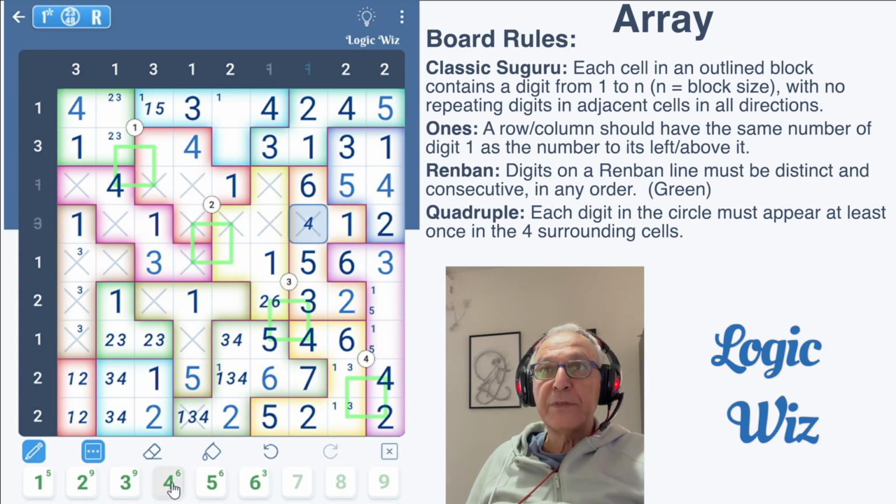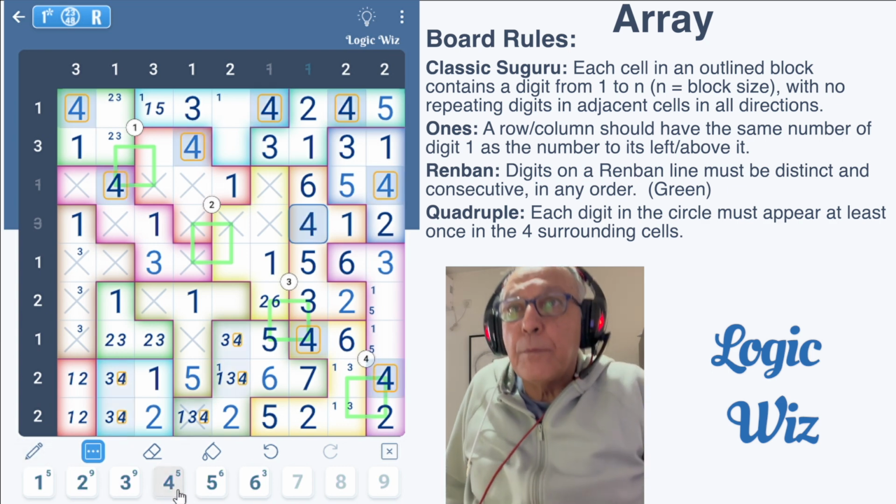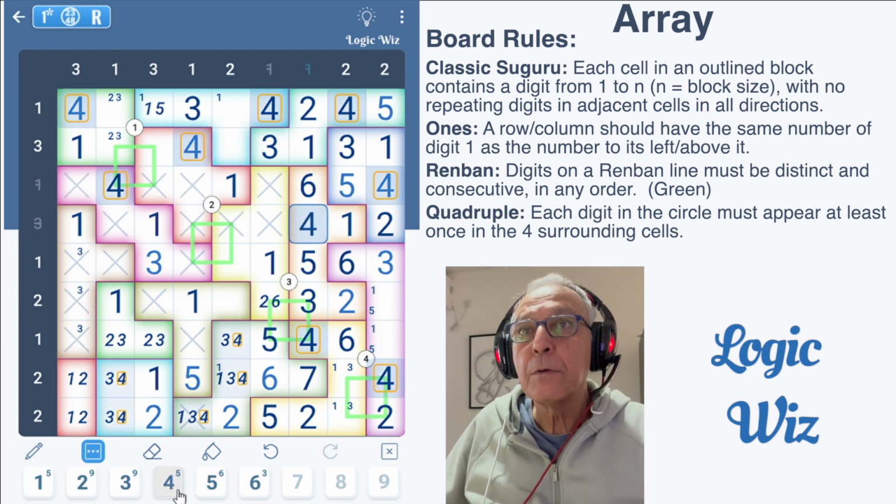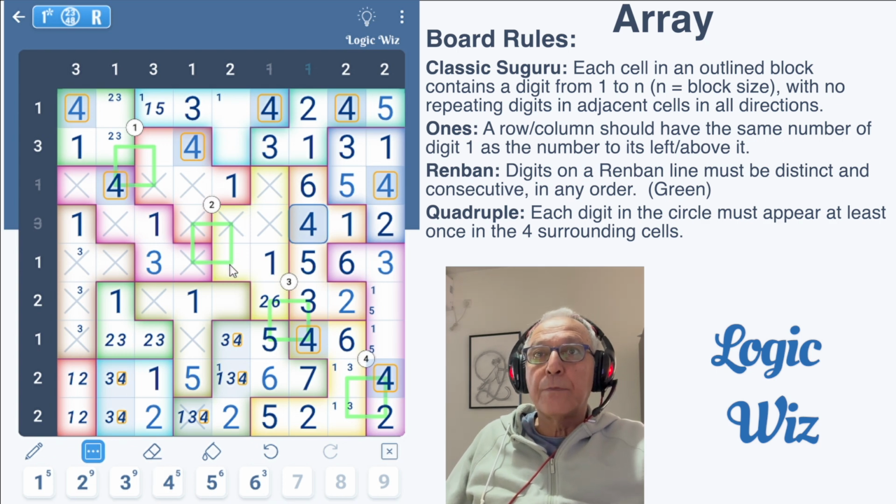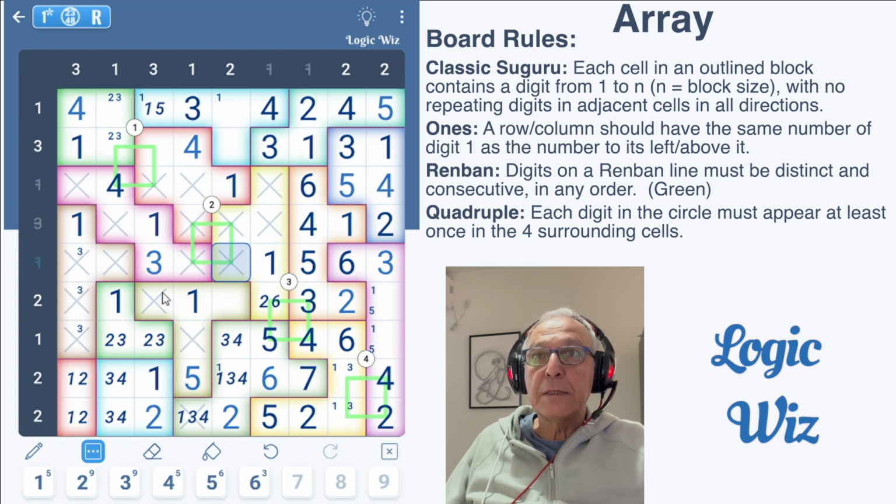Digit over here must be 4. Now we cannot have a 1 here, and we are basically done with this one. Oh, here in this row we must have two ones. They are already in place.